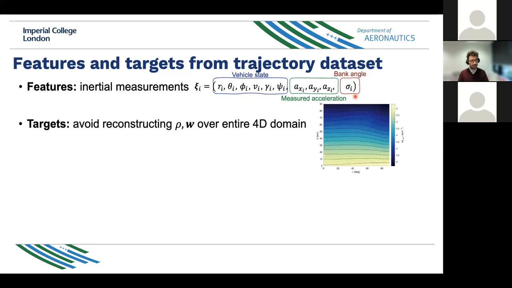For the targets, in an ideal world, we would like to reconstruct the whole density and wind field for our particular instance. However, this would involve reconstructing functions that are over a 4D domain, which is not particularly computationally efficient, especially if this eventually has to run on board a spacecraft.